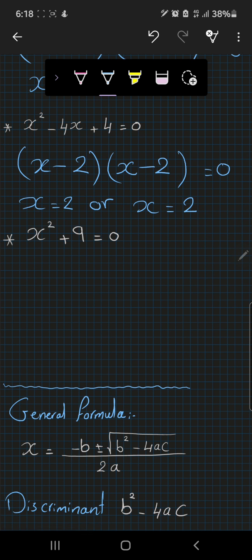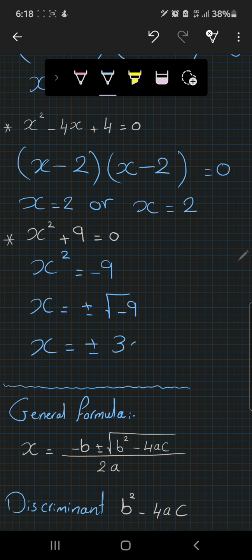Finally, x² + 9 = 0. x² equals, move +9 to the other side by −9. x equals positive or negative the square root of −9. We studied before, x equals positive or negative 3i. So x = 3i or −3i.